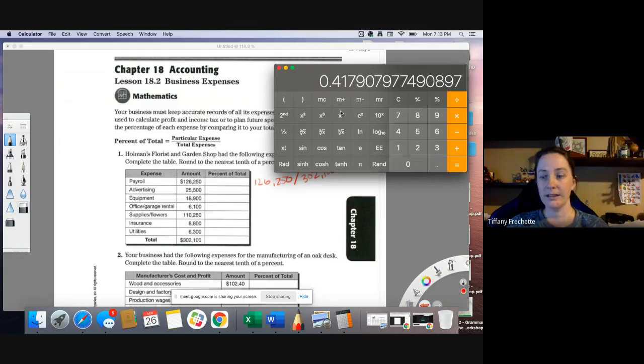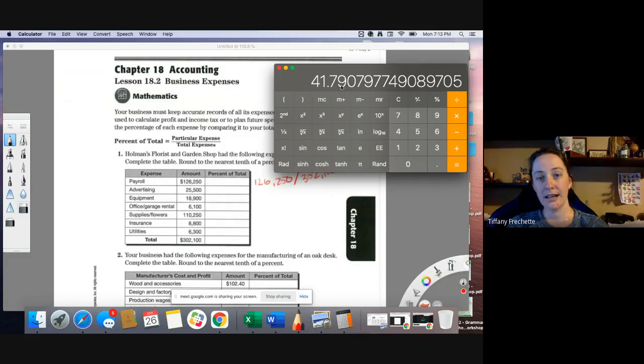So we get this kind of long decimal here. Remember, they don't want the decimal, they want a percent of the total. So multiply by 100, or move that decimal by yourself, but if you multiply by 100, it automatically moves it over for you. So it's 41.79079%.